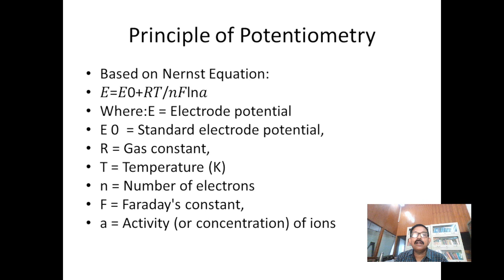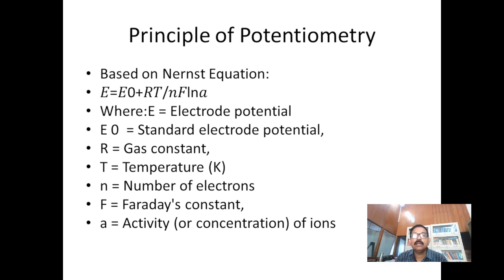E is equal to E naught plus RT by NF log A. This is the relation. E means electrode potential, the potential that an electrode is bearing. E also means EMF, electromotive force, the force which motivates the electrons to move.